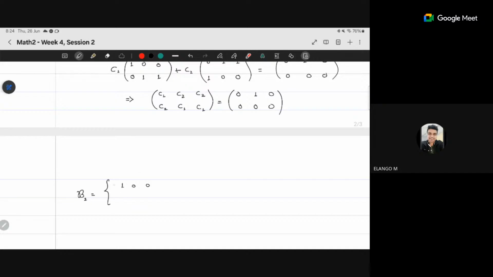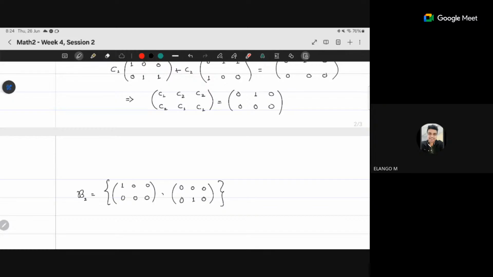Now you have to give me two matrices, right? First one is like 1 0 0 and downside all 0 0 0. And the second one has on top all 0 0 0 and then 0 1 0.